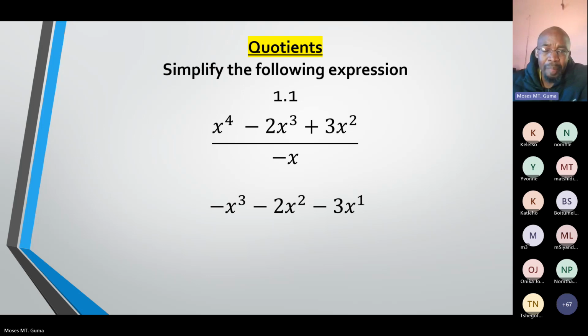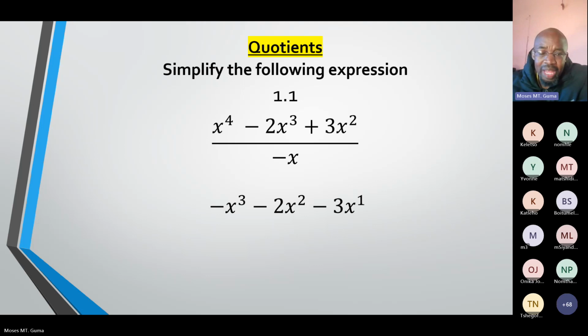Let's move on. Now, I'm using the same concept here. Remember what I mean by the concept, I mean this. It would be positive 3 divided by negative 1. I'm starting with the numerical coefficients of the variables.